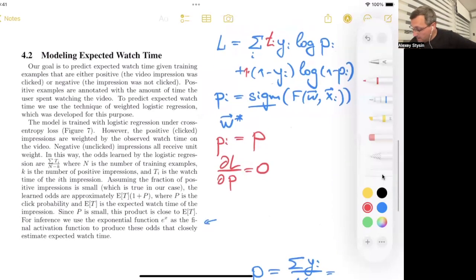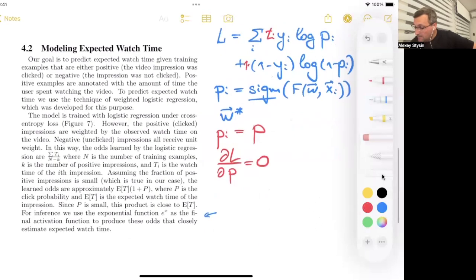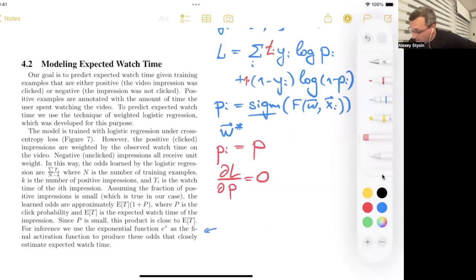And now we need to take the derivative with respect to p. And we could also assume, this is going to be helpful a little bit later, that p is a sigmoid of some f, and that f doesn't have features now, so this f is just a constant. So let's take the derivative with respect to p.